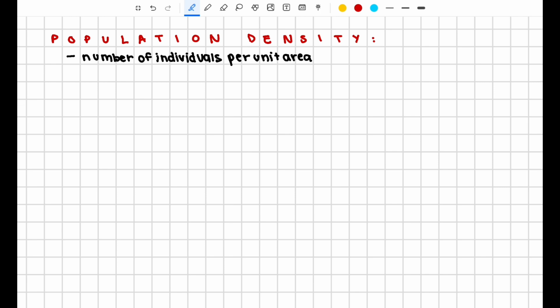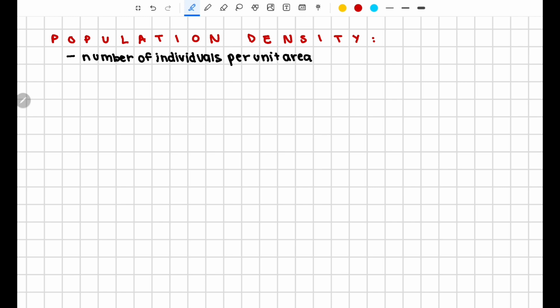For instance, if we think of it in human terms, a very populated city like New York or Tokyo has a much higher population density than spread out places with a lot of farmland and country and a lot of land and fewer people. The cities have a much higher population density than the rural areas. They have more individuals per unit area.